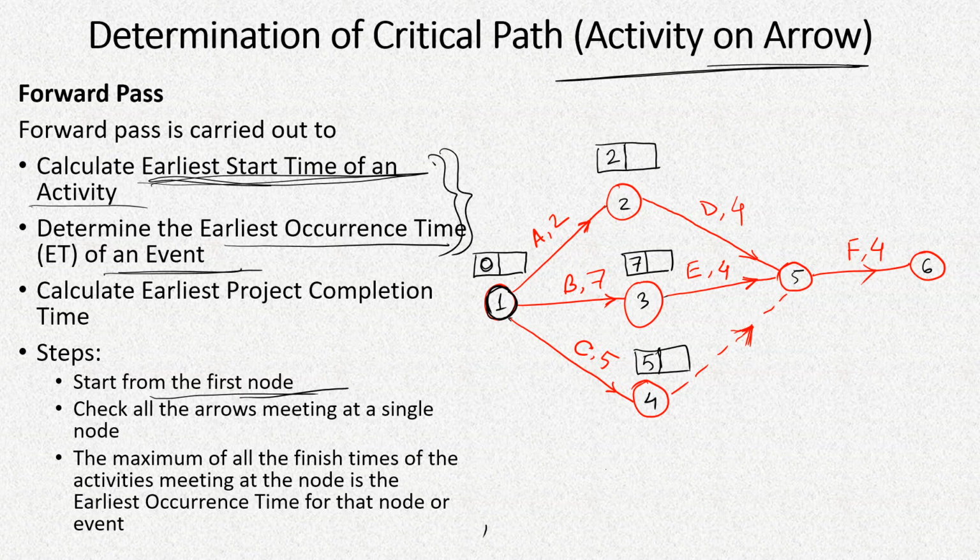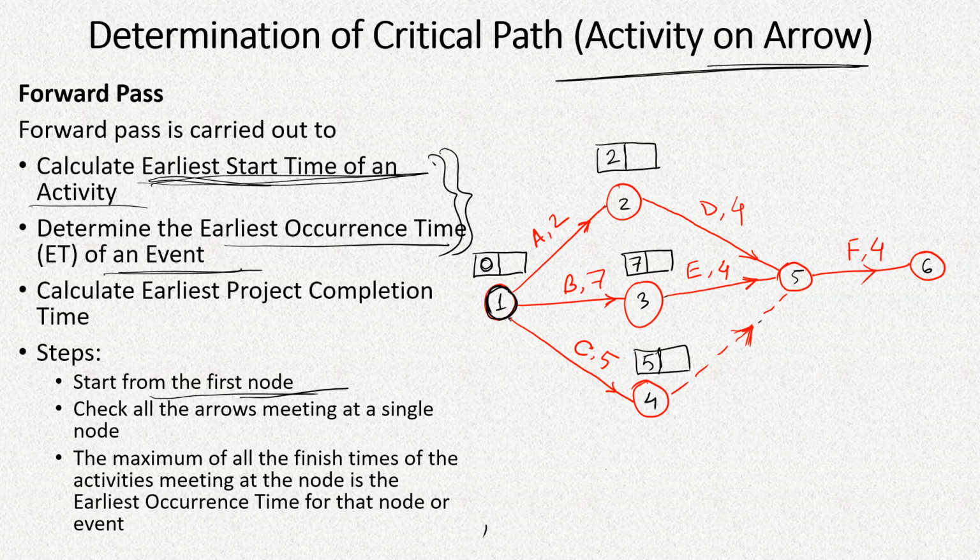After that, we'll go to node number 5. In node number 5, now here we can see there are 3 arrows meeting at node number 5. Now one of those arrows is a dummy activity, actually this one.